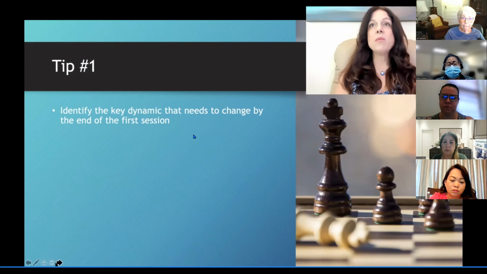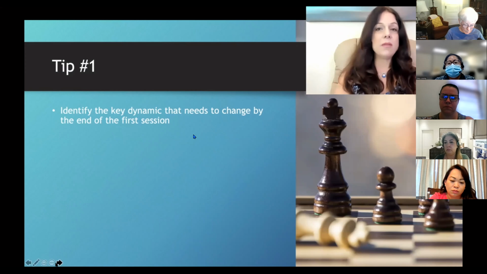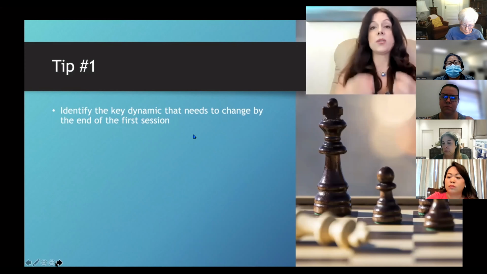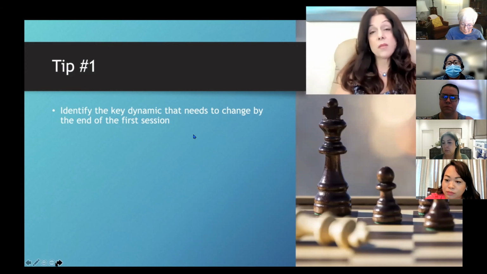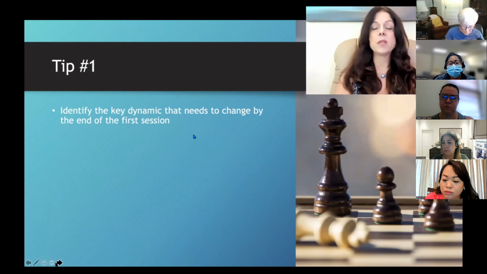But even with depression or anxiety, you want to be able to identify what is going on, either behaviorally, cognitively, or emotionally, that has them feeling depressed or anxious. So, for example, I was working with a client who had a lot of both depressive and anxious symptoms.